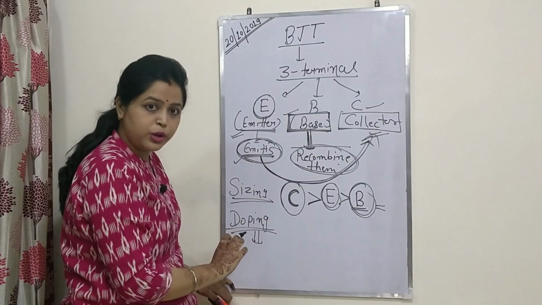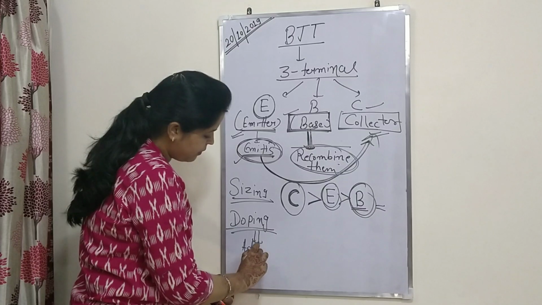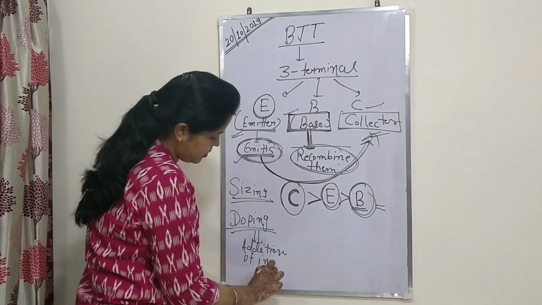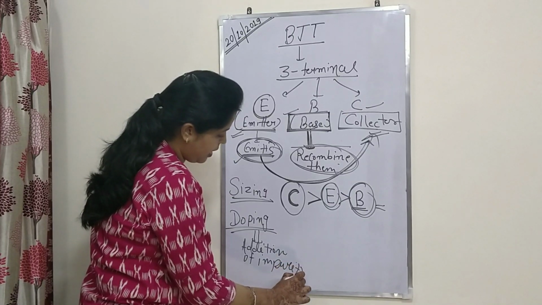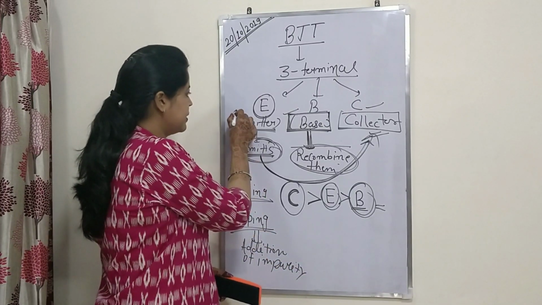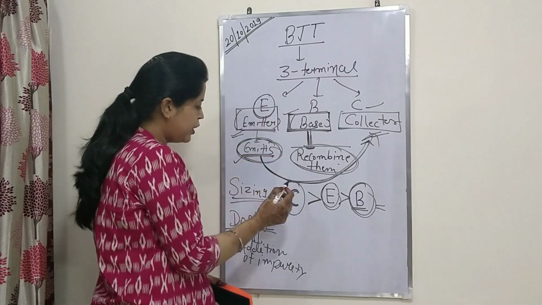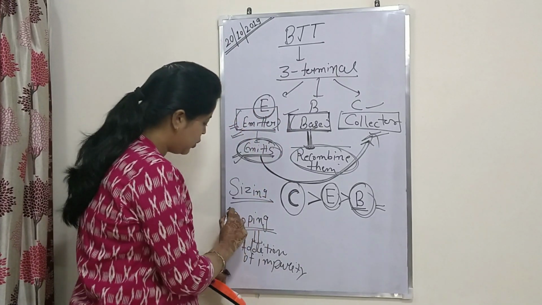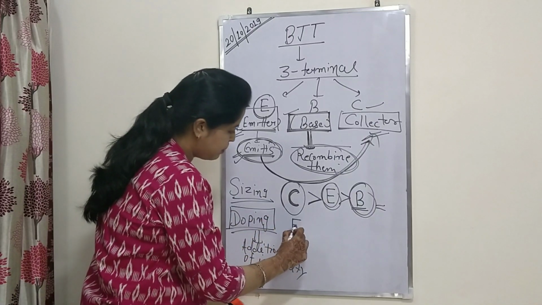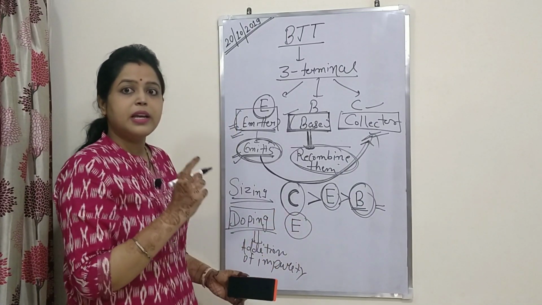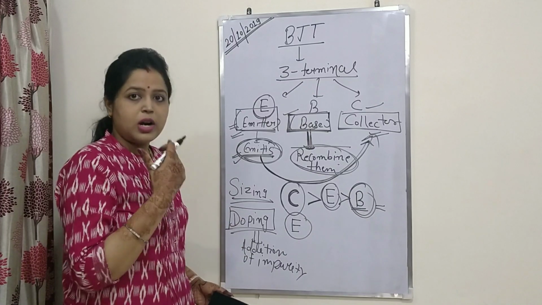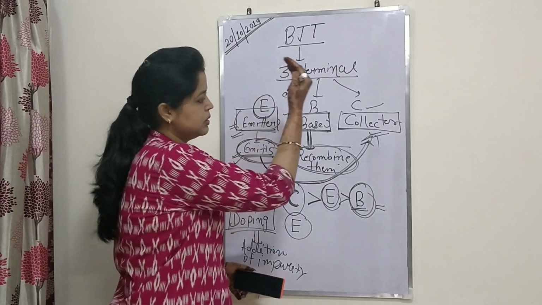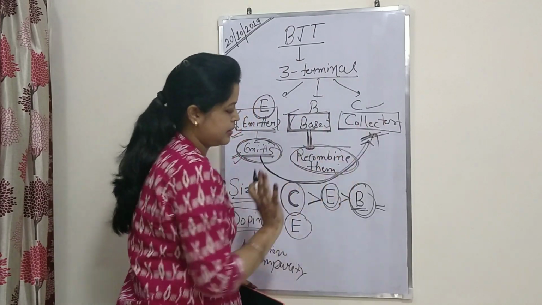Now in terms of doping, which means, as I told you, addition of impurity. And the most important terminal in order to emit the charge carriers is the emitter. So the doping level of emitter should be very high, so that it can emit the maximum number of charge carriers, to extract them from here and to collect them at the collector terminal.